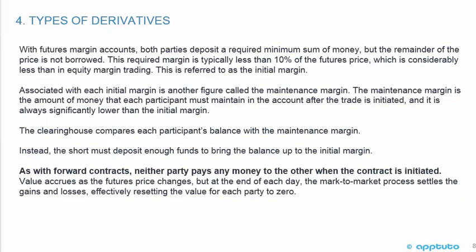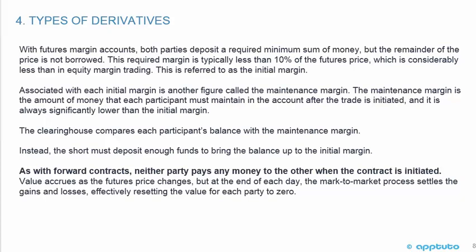With futures margin accounts, both parties deposit a required minimum sum of money, but the remainder of the price is not borrowed. This required margin is typically less than 10% of the futures price, which is considerably less than in equity market trading. This is referred to as the initial margin. Associated with each initial margin is another figure called the maintenance margin.